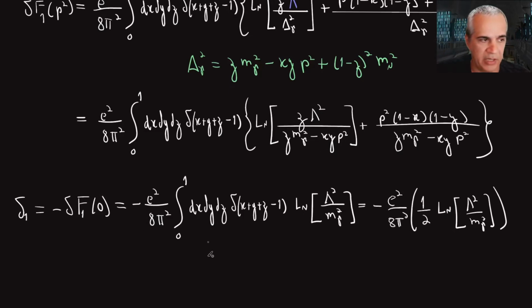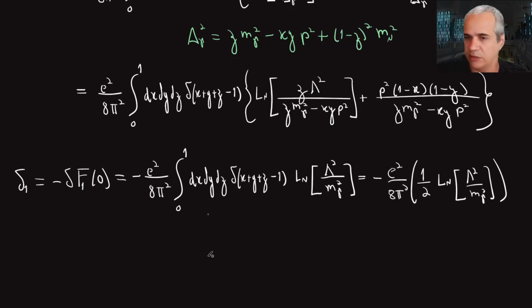And I can even compare these with what I got from dimensional regularization. If you take the delta F1 in the dimensional regularization that we obtained before, you have to be careful because there I had a mess for the formula. So you have to go one step before the final calculation and take the mass to 0 and then do the integral.